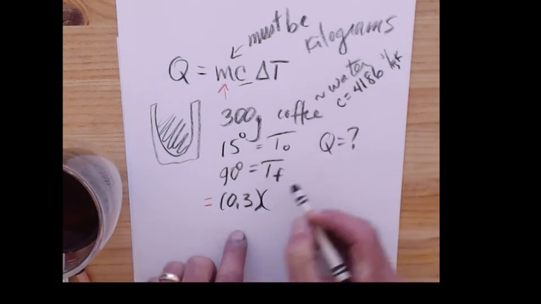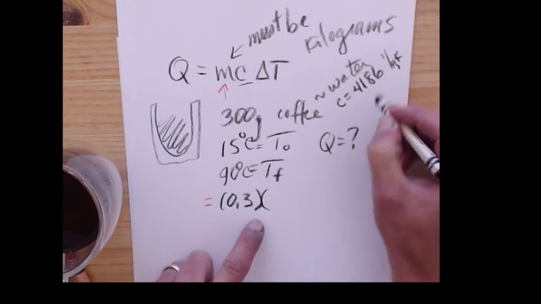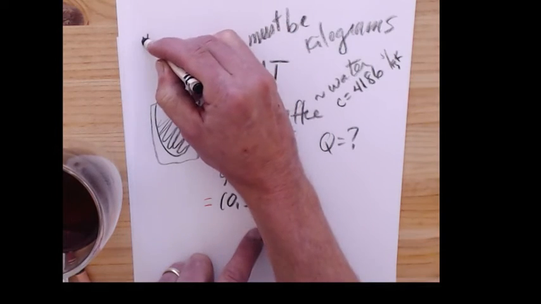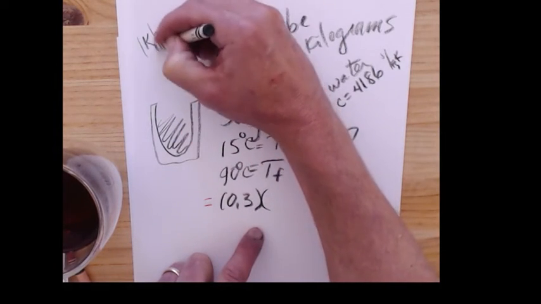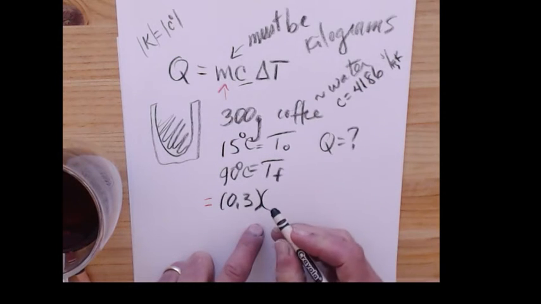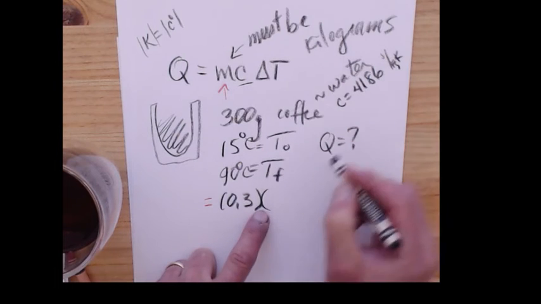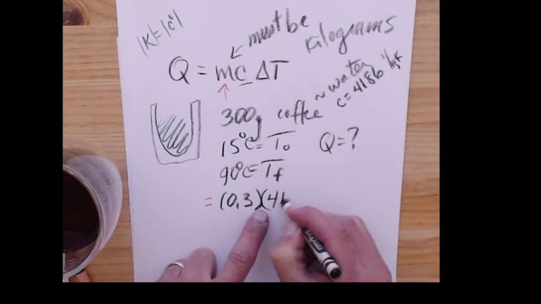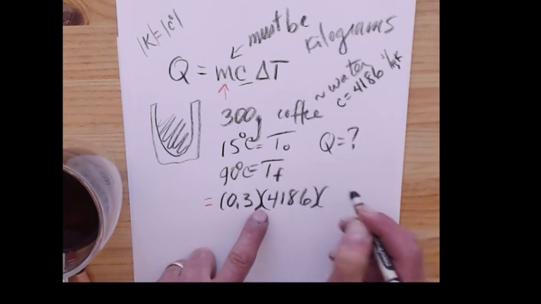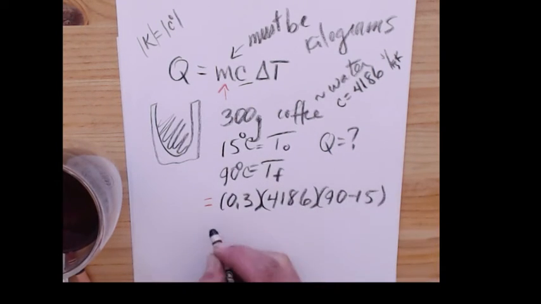And remember, this is in C and this is in C, but a Kelvin is the same size as a Celsius degree. So this turns into 0.3 times 4186, and now 90 minus 15.